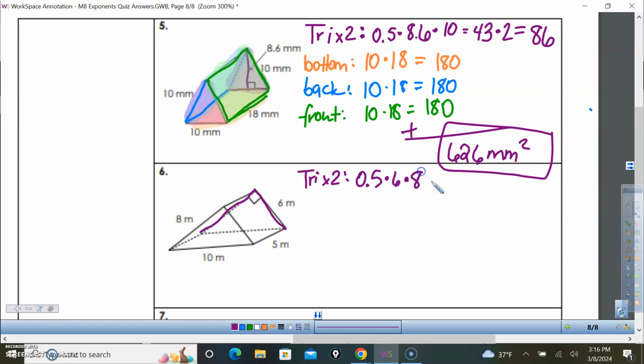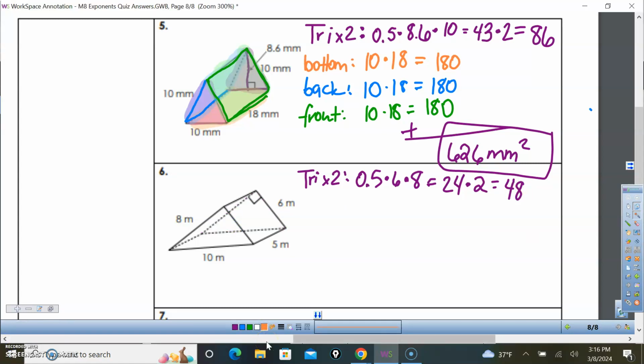So I'm going to use my 8. Multiply those to get 24. And then because there's a triangle at the front as well, I'm going to multiply by 2 to get 48.